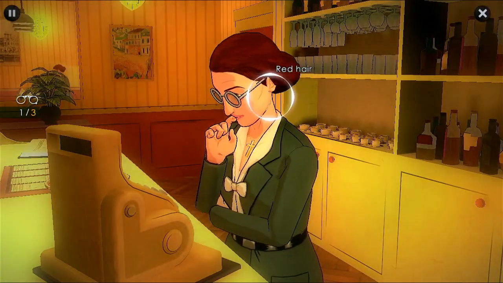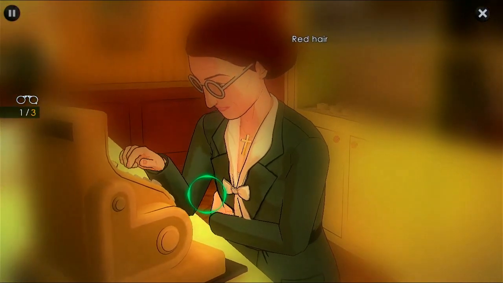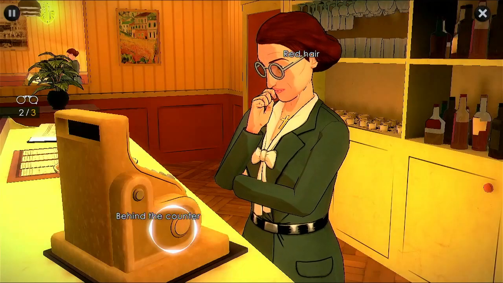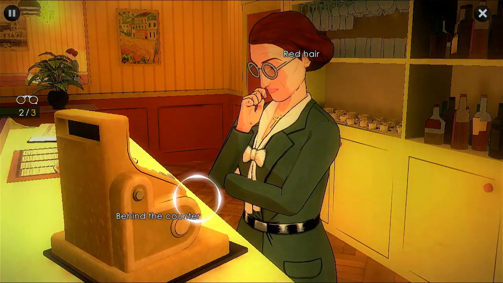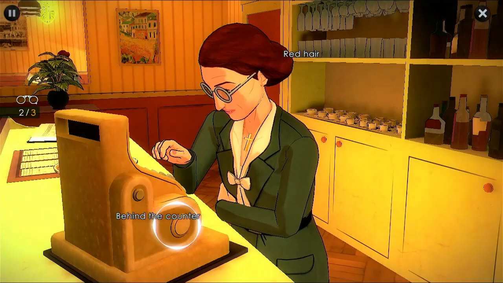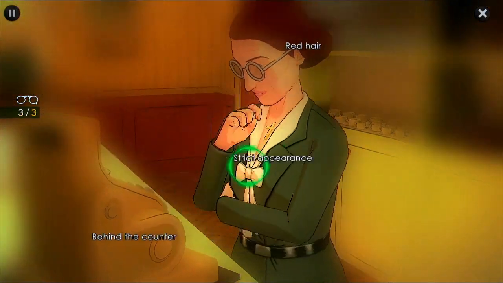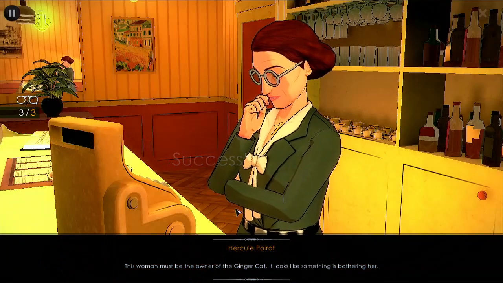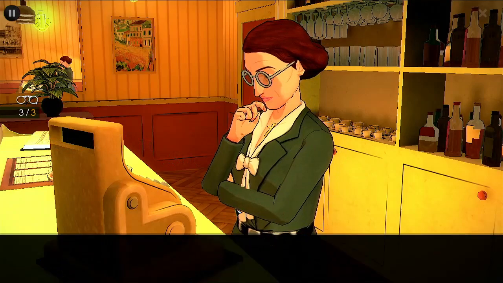Red hair. She's pressing the deal behind the counter. Strict woman appearance. This must be the owner of the ginger cat. It looks like something is bothering her.